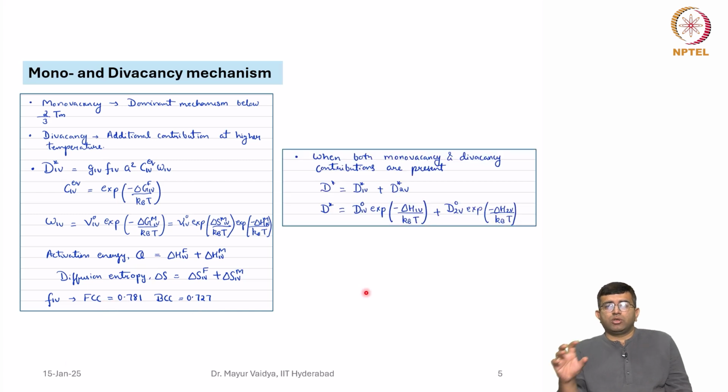Now, when both mono vacancy and di-vacancy contributions are present, the diffusivity is the total of the diffusivity caused due to the mono vacancies and the diffusivity of the di-vacancies, and therefore, you can now write separately the activation parameters for both.